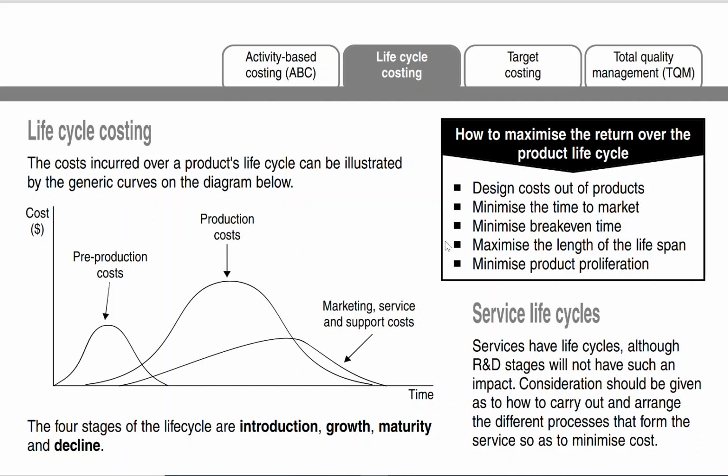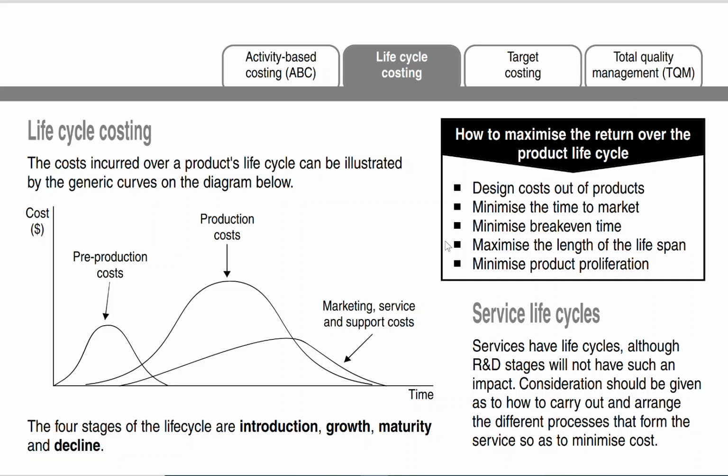So you shouldn't worry about profit initially. You should look at the profitability over its entire life. Life cycle costing is the same idea: you should look at the profitability of a product over its entire life.